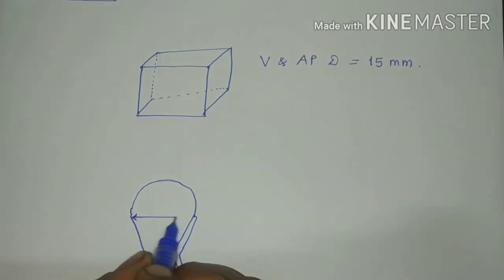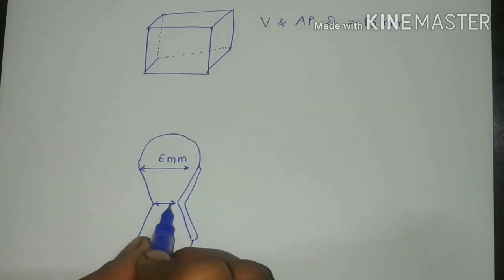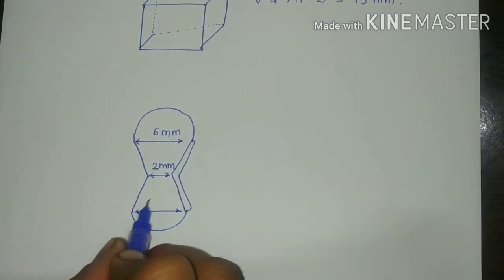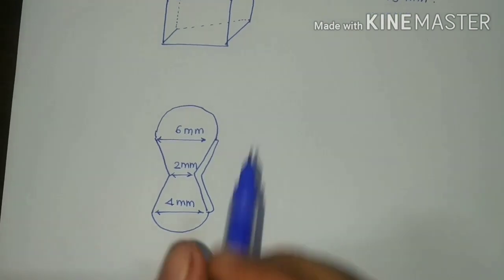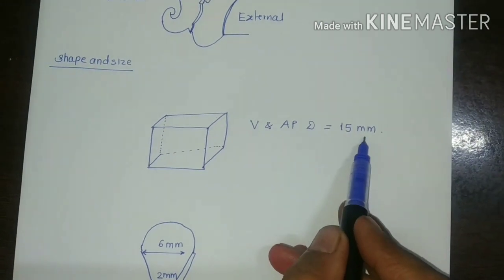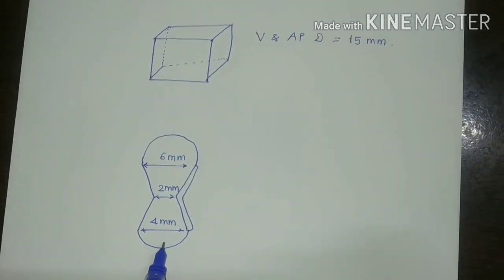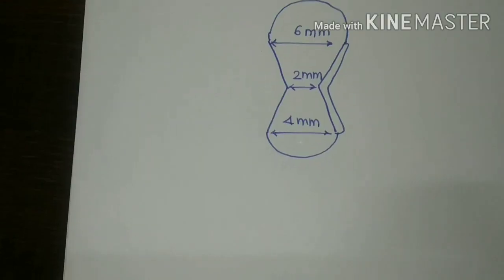It is about 6 millimeter near the roof, about 2 millimeter in the center and about 4 millimeter near the floor. Clear? So the vertical and antero-posterior diameters are almost the same, about 15 millimeter, whereas the transverse diameter is different at different levels: 6 millimeter, 2 millimeter and 4 millimeter.